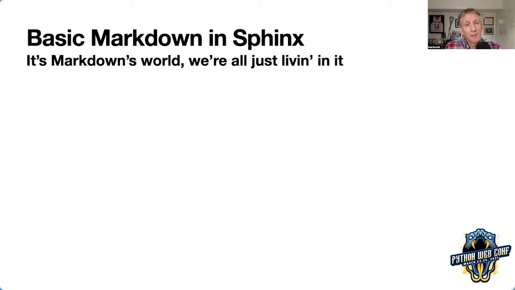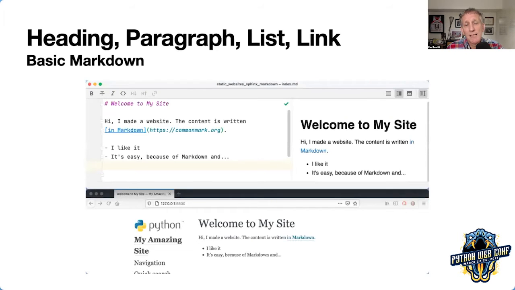So I might have, and this is from the intro, a heading. I might have a paragraph, a list, an unordered list. I might have a link to an external website. And what you see here is on the left, the Markdown, on the right, a rendering in my tool of choice, which happens to be PyCharm. And then at the bottom, that live reload thing showing me what the output looks like.